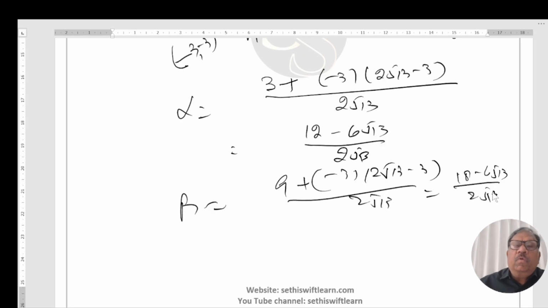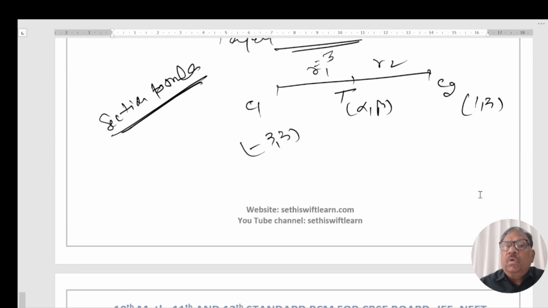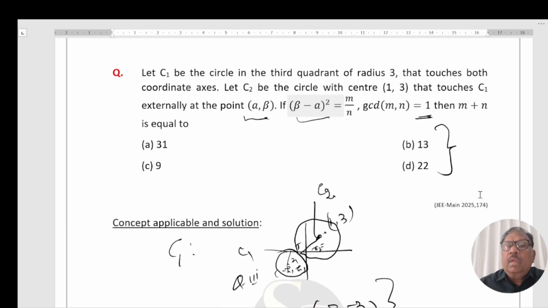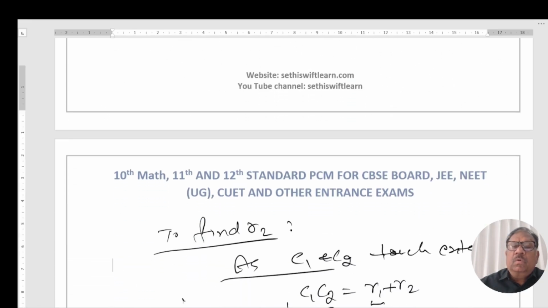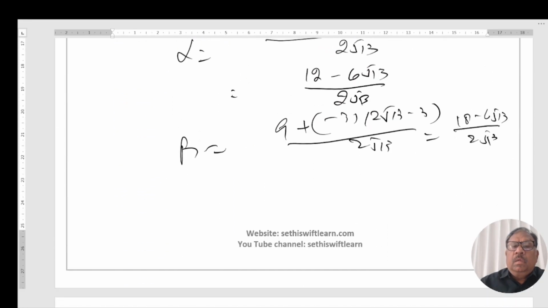You have to find the value of (beta minus alpha) whole square. This comes out to be this minus this.